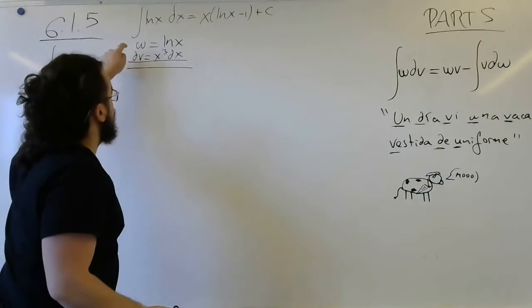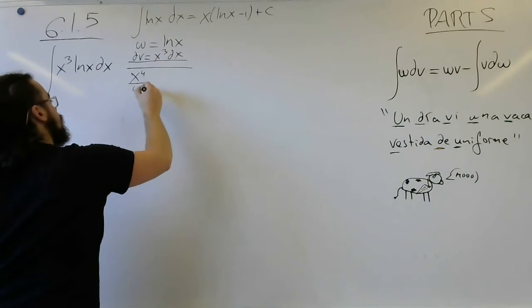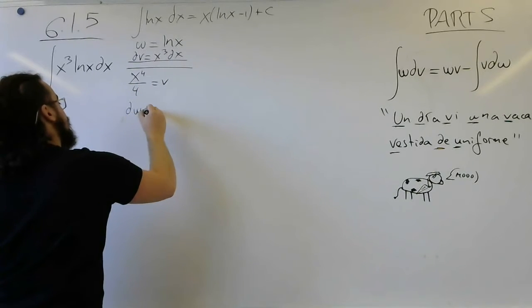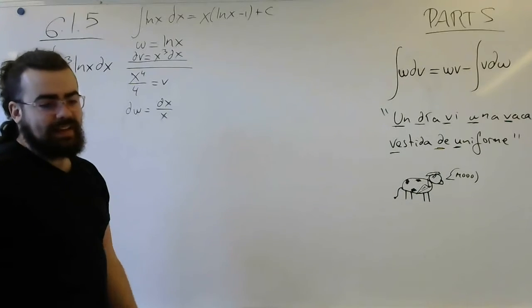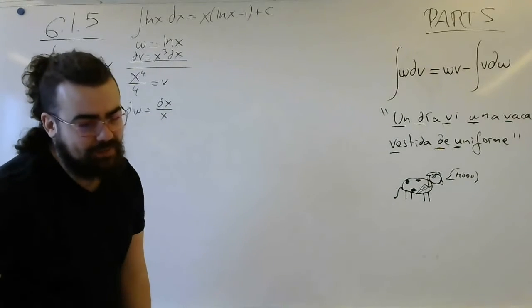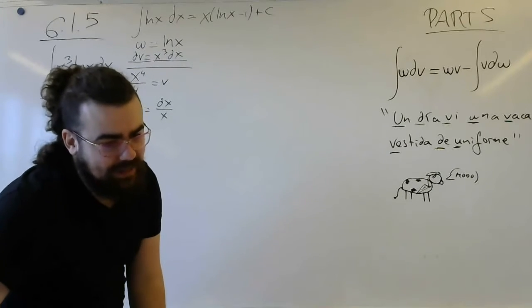For now, v is x to the fourth over 4, but differential of w is differential of x over x. Now, this is probably the right path. I said to always use the polynomial. That's right.